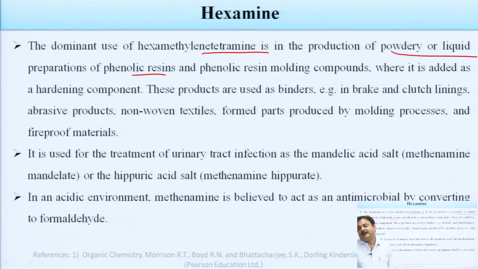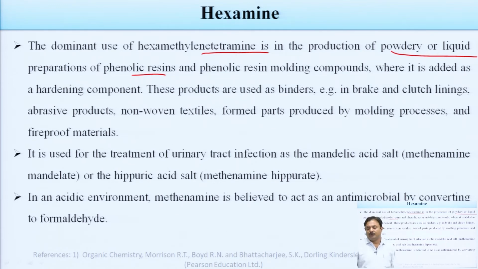So, very important molecules. It provides strength to the resins, phenolic resins especially. Because of that strength, those phenolic resins can be used in different equipment. In automobiles, it is used in brake or clutch linings, and as abrasive products and non-woven textiles, with so many uses as you can see on the slide.